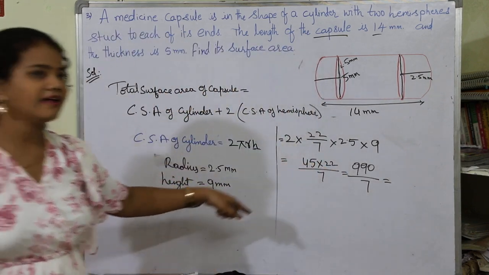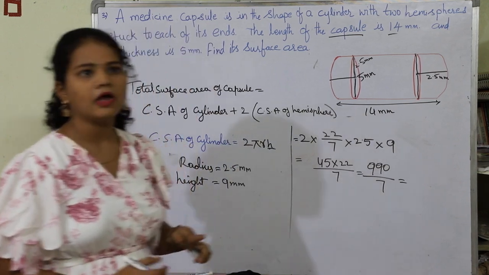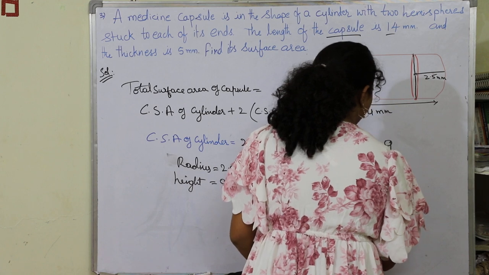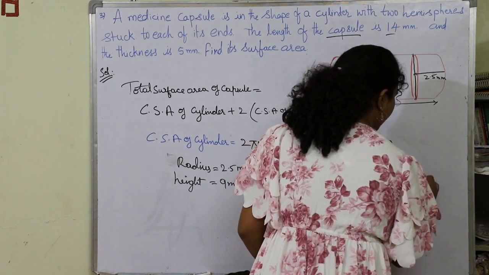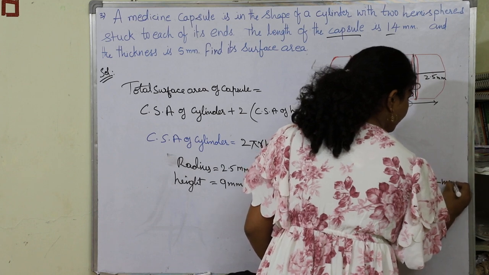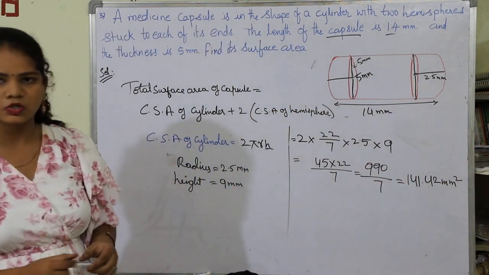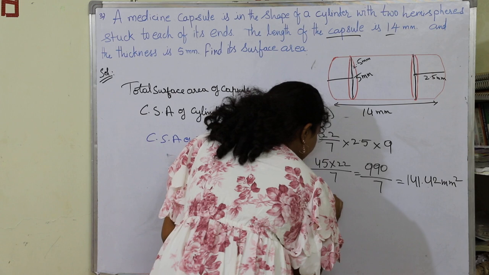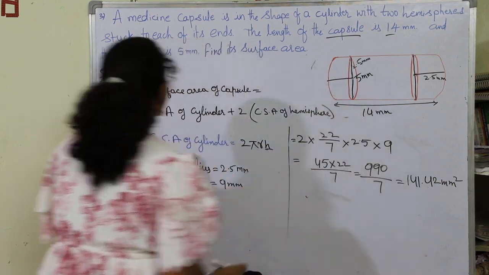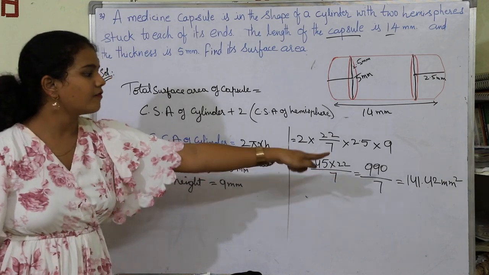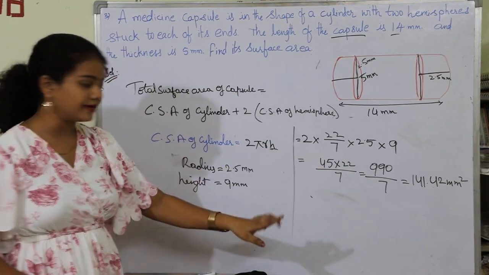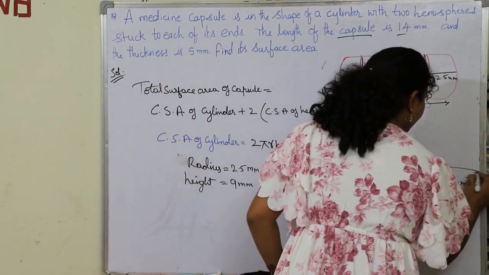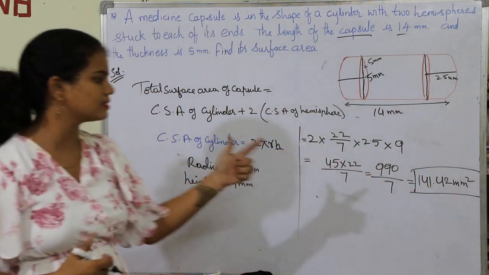If we further substitute this, I get the value 141.42 millimeter square. So here the curved surface area of the cylinder equals 141.42 millimeter square. Done. Let us keep this value aside; we will be using it later.